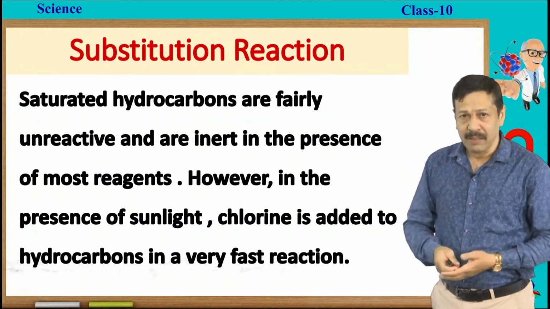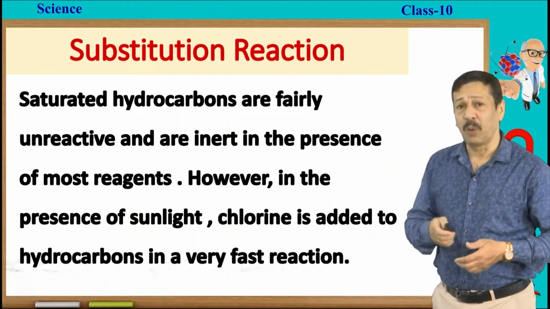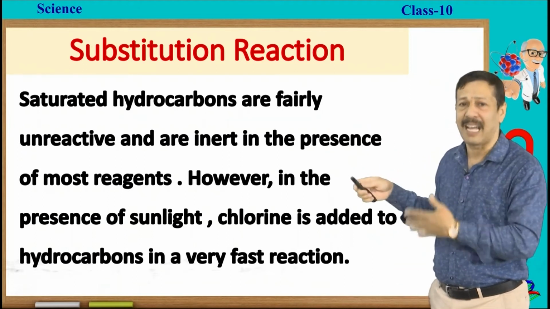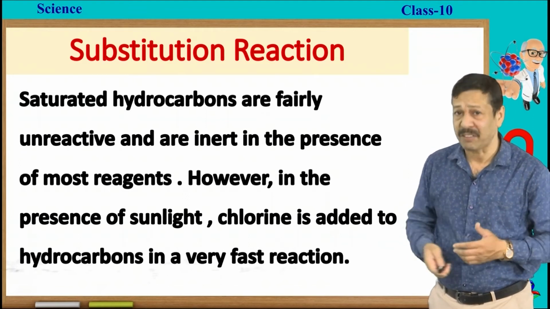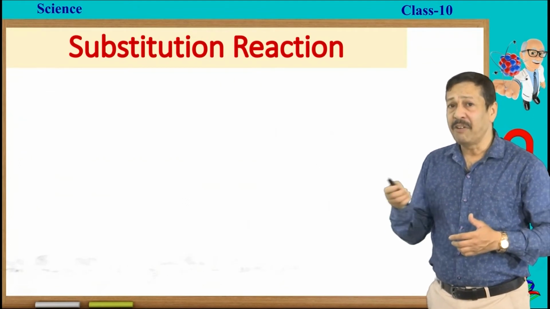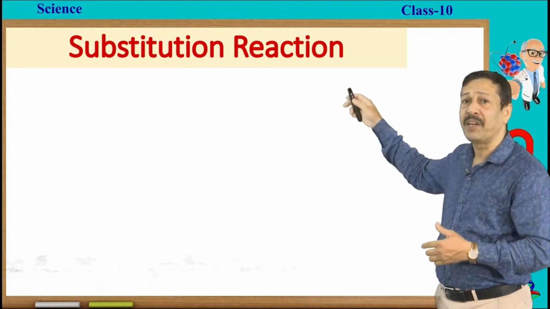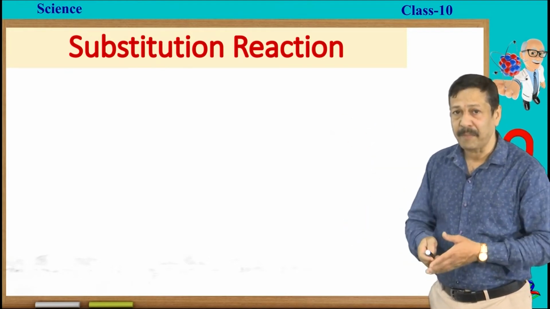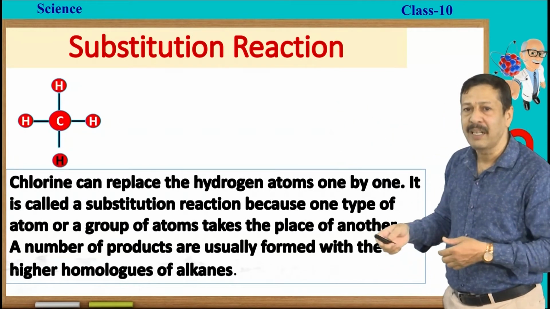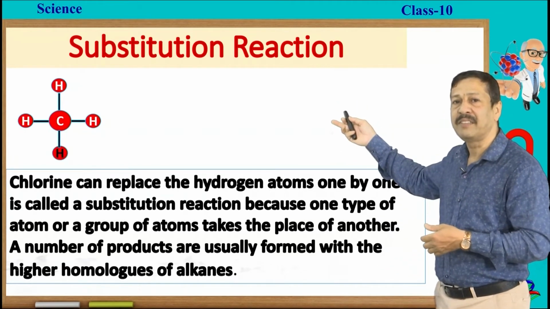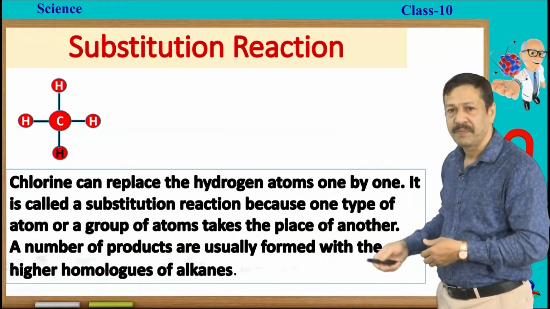For example, when methane reacts with chlorine in the presence of diffused sunlight or sunlight, this is a very explosive reaction, and then you are seeing the substituted product, chloromethane. The carbon-hydrogen bonds are broken and you get the substituted product.